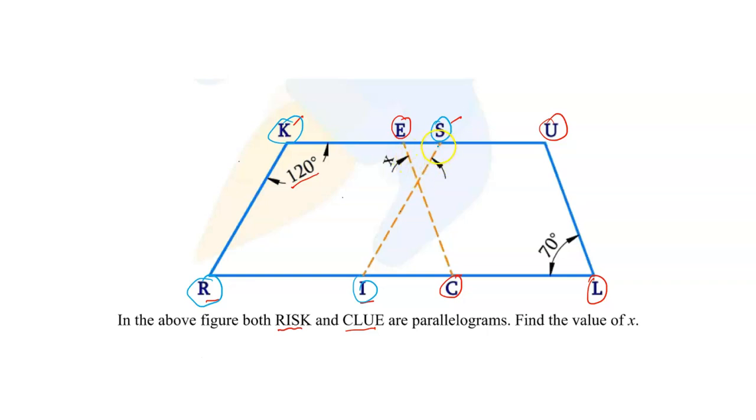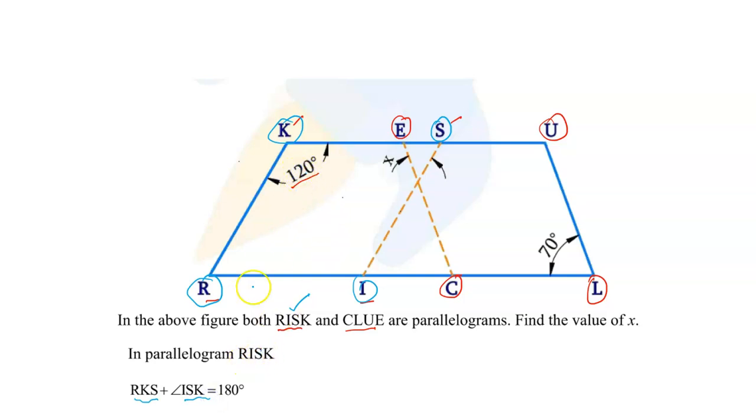So let's start with this particular parallelogram RISK. We'll work with this parallelogram first. So if you consider this parallelogram RISK, we have RKS and ISK is 180. Why?